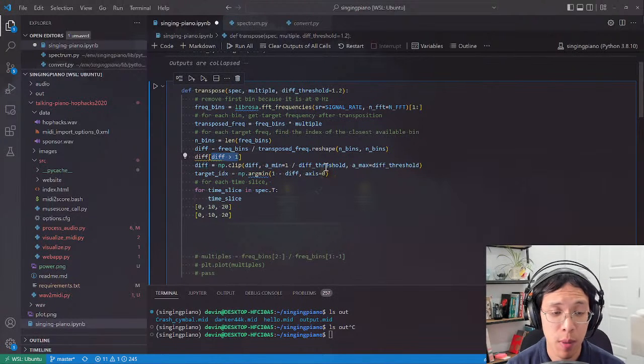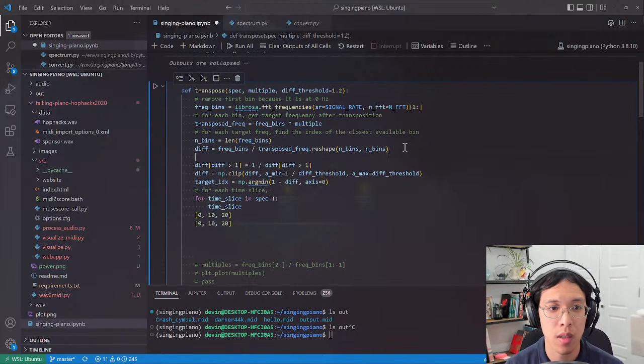And we can index by this condition because numpy is magic. So basically take everything where the difference is greater than 1, and we're going to set it to the same thing but 1 over that value. Okay. So this is just to make sure all ratios are less than 1.